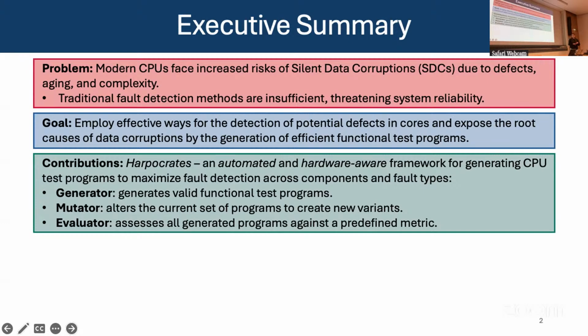The framework consists of three main components. The first is a generator that generates valid functional test programs, then a mutator that alters the current set of programs to create new variants, and finally an evaluator that assesses all generated programs against a predefined metric.